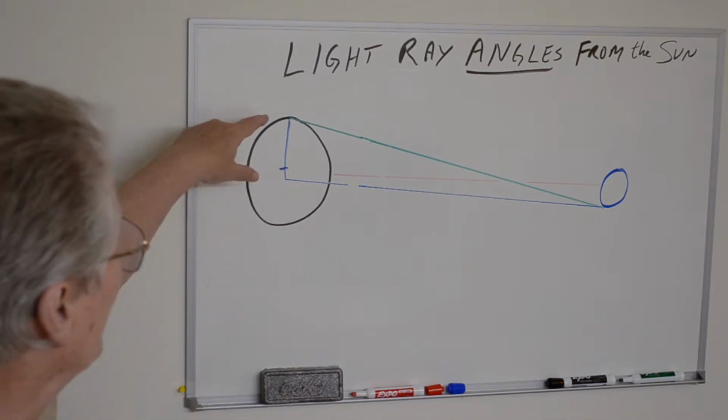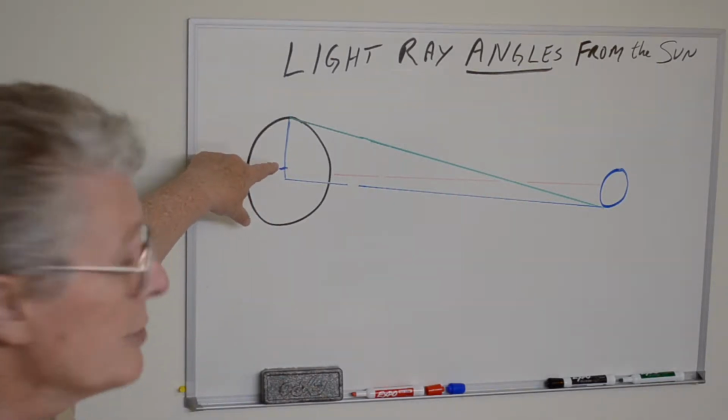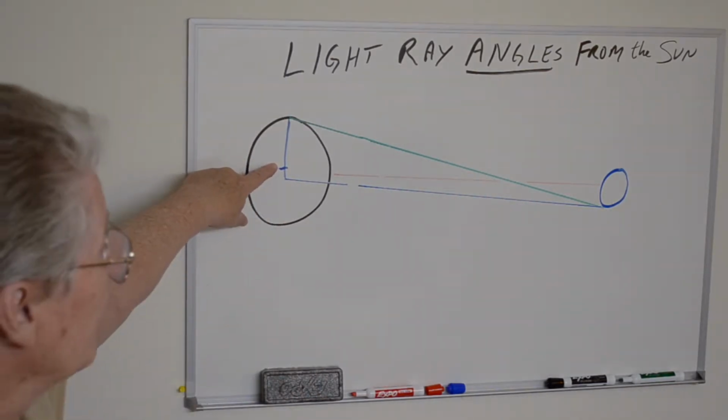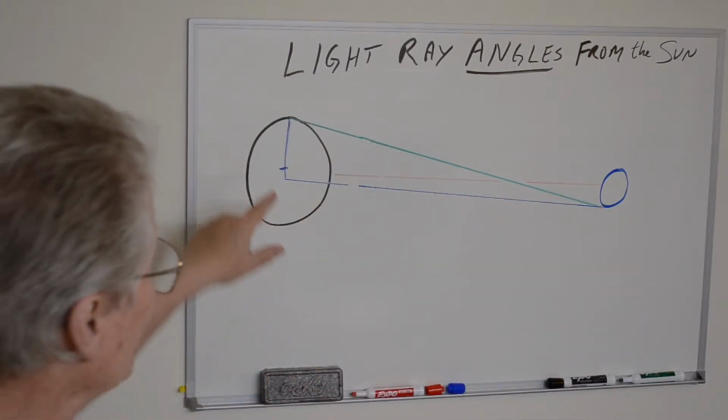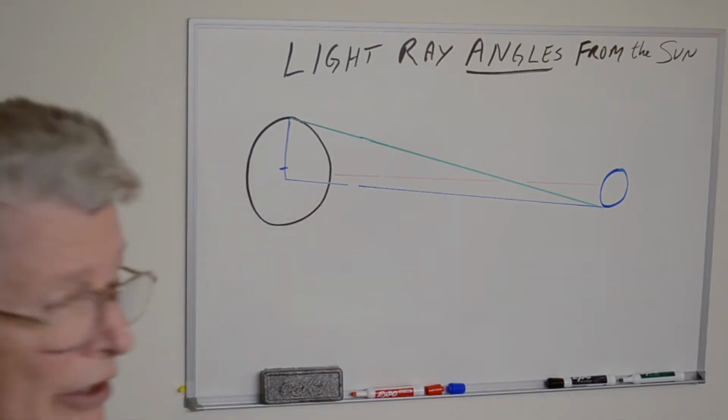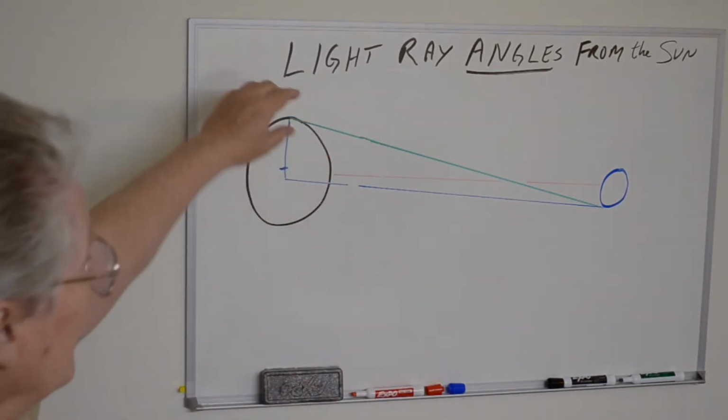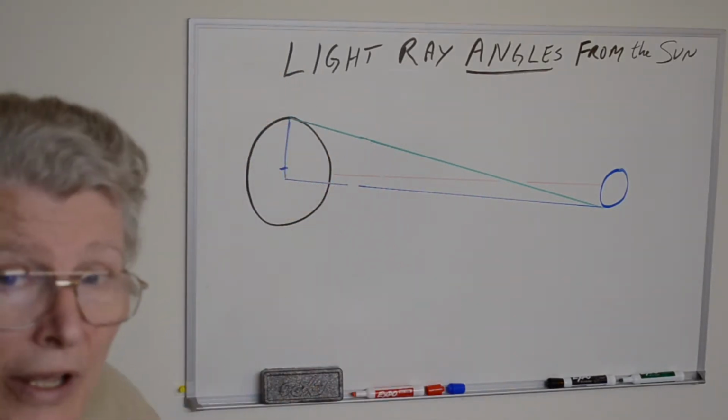So we take the radius of the sun, and since the line coming across is going to hit right in the middle of the earth, we must go down one radius of the earth to get the actual length of this side of this right triangle.